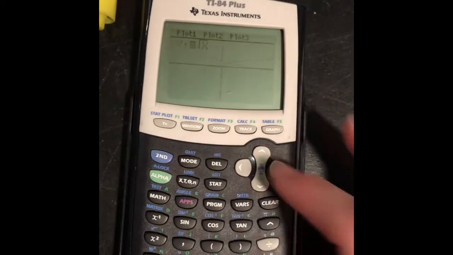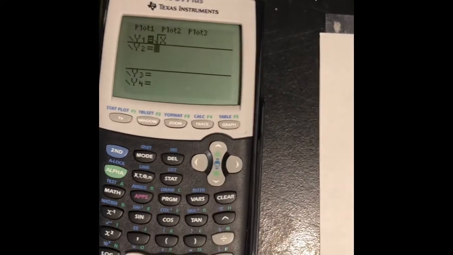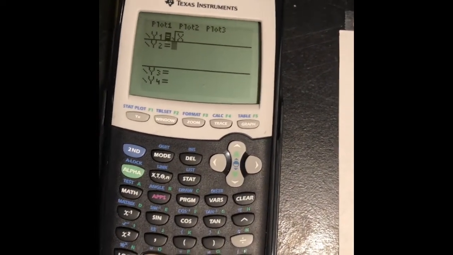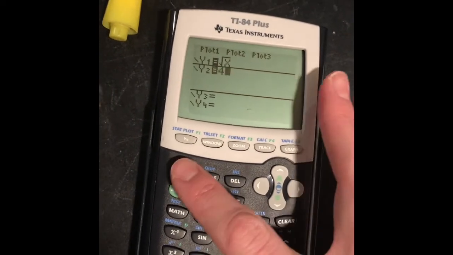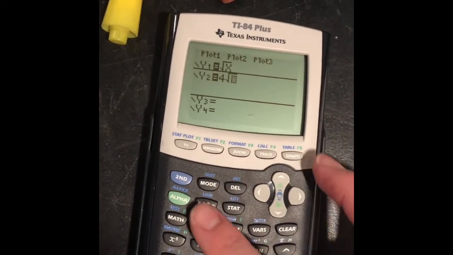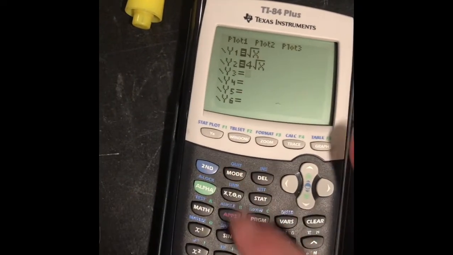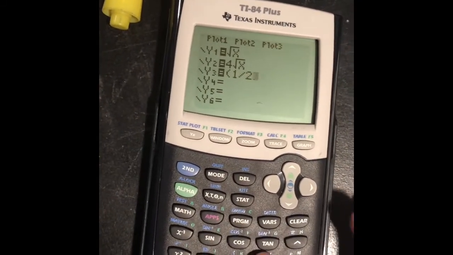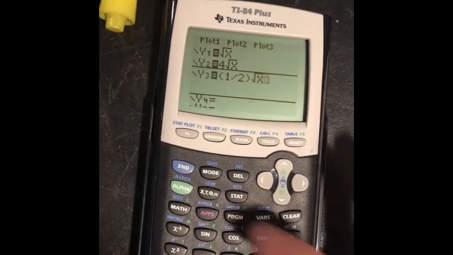Now, what if it is going to be stretched or compressed? What would that look like? Well, if a is greater than 1, let's say this is going to be 4 times root x. And our third one here is going to be, let's go 1/2, less than 1, but bigger than 0, times root x.